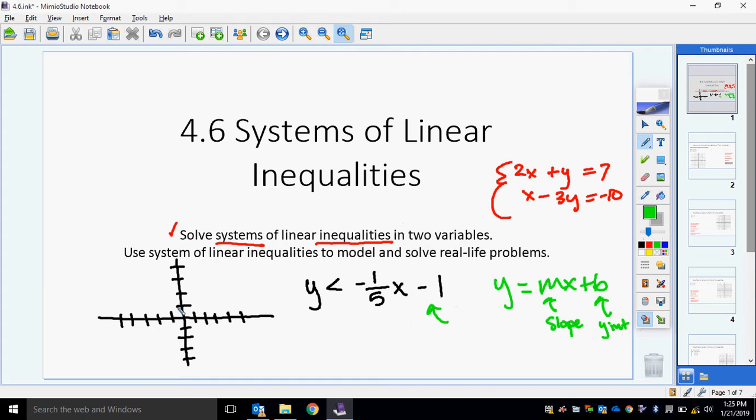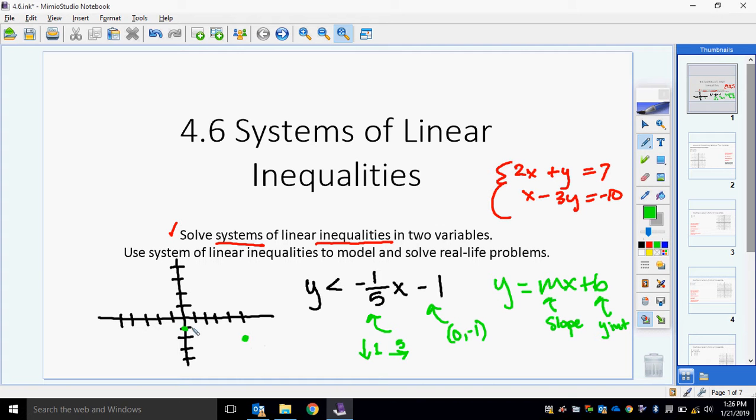Here it's -1, so I go down 1 on the y. Then I'm going to follow my slope here. So I have -1 over 5, which means I'm going to go down 1 and right 5 from that point. So down 1 and 1, 2, 3, 4, 5 over.